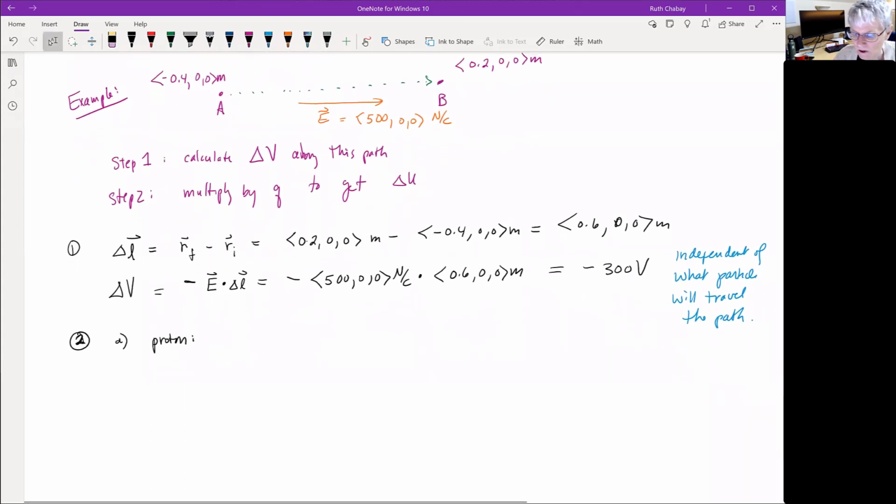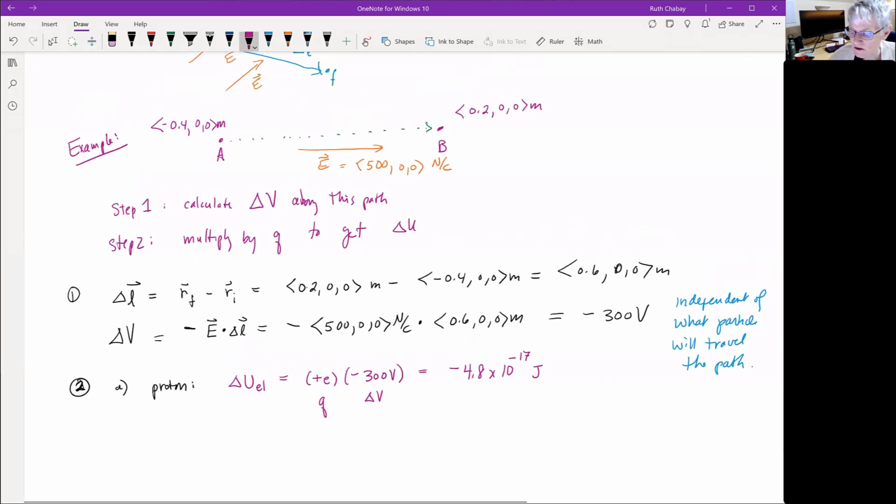We have the change in electric potential energy of the system of the proton plus whatever charges are making that field is going to be a plus e times 300 volts, so it's a q delta V. And so that's going to be a minus 4.8 times 10 to the negative 17 joules.